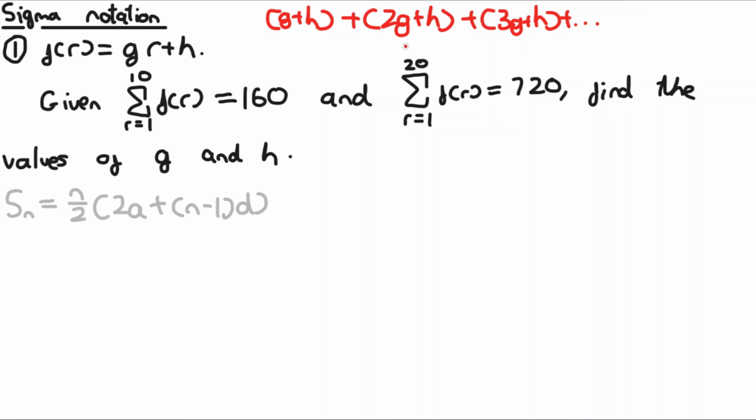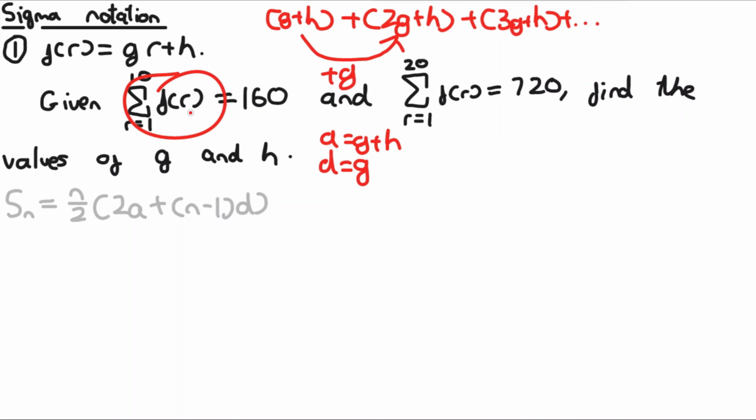And we can see that this is an arithmetic series because it goes up each time by plus g. The h's remain the same, and the only thing that changes is g and 2g. So g plus g is 2g, 2g plus g is 3g, so it has a common difference, d equal to g, and a, the first term, is equal to g plus h, and this is the case of both sigmas.